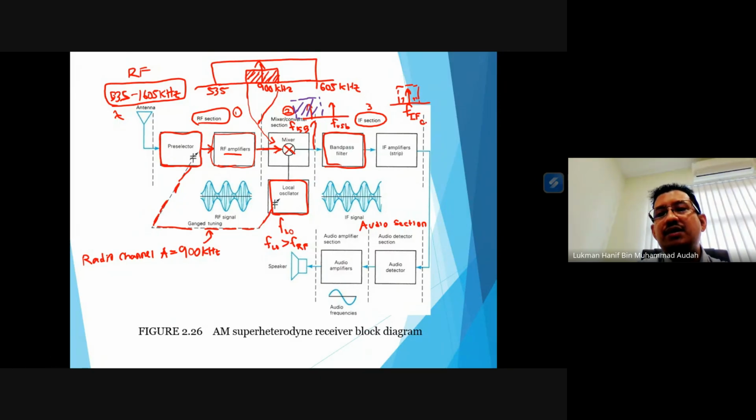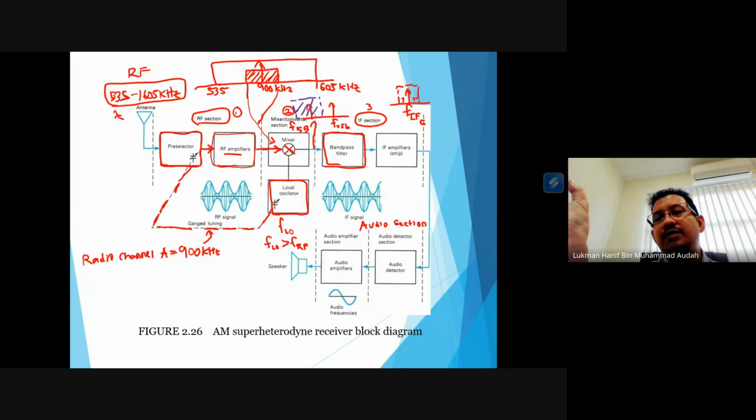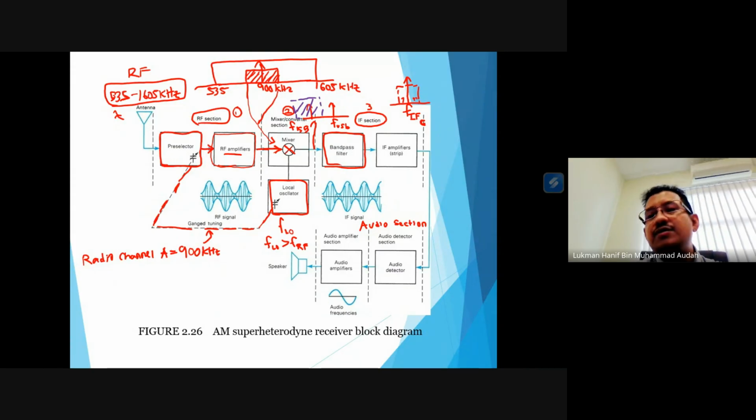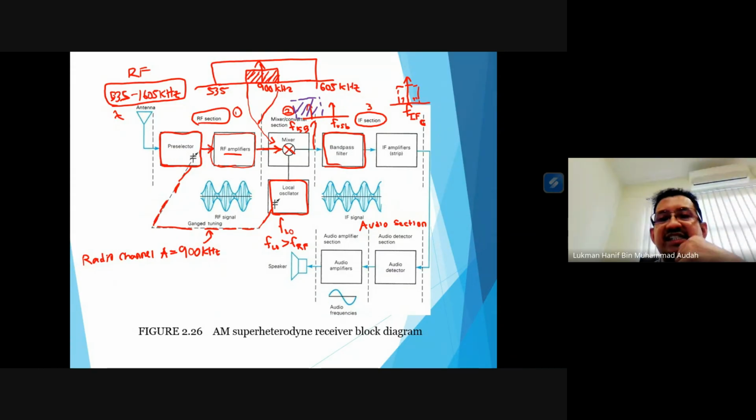Intermediate frequency is a lower frequency compared to the RF frequency, from the RF band to become the intermediate frequency band. So this is FIF center, the arrow here is the FIF center. If I draw again, something like this, it is FIF center.